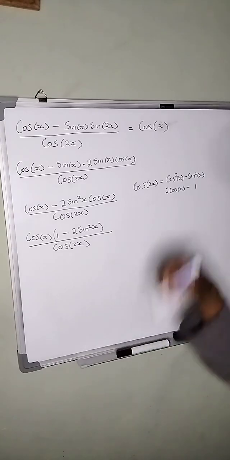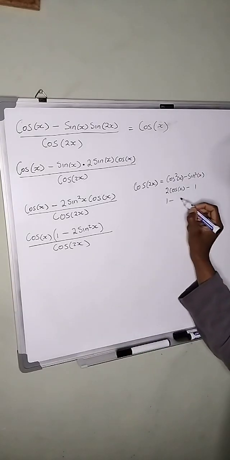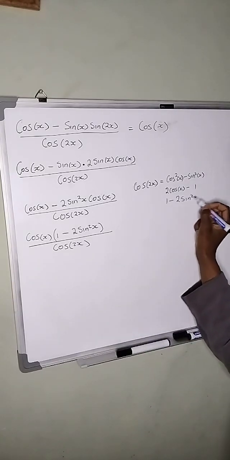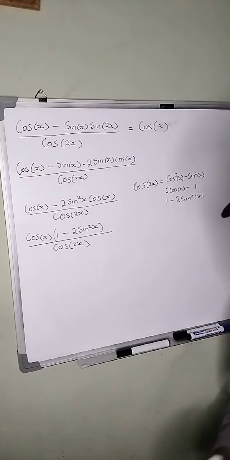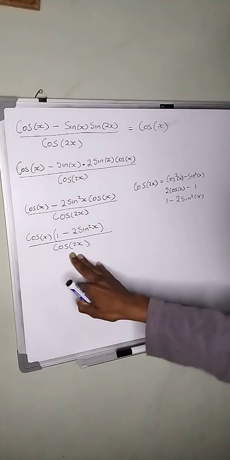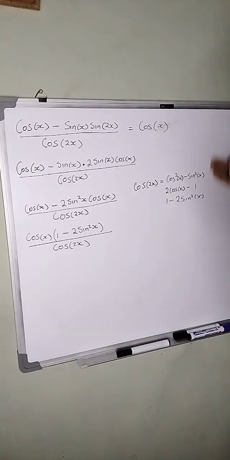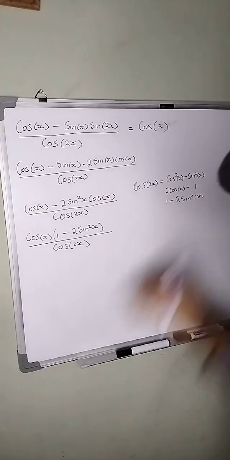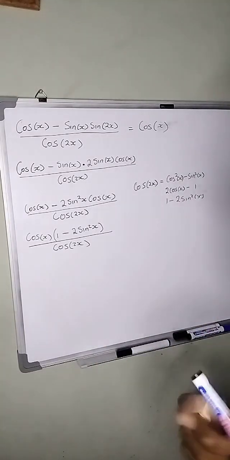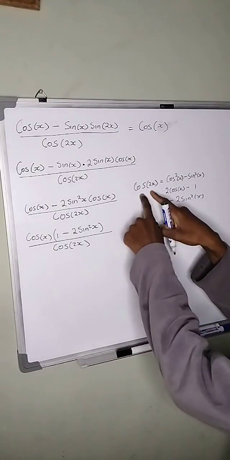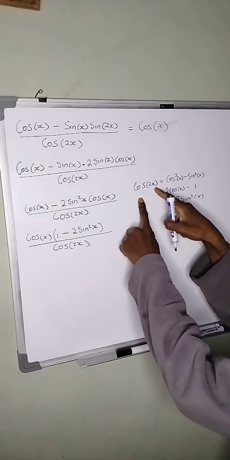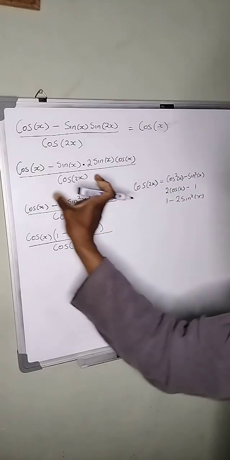The third formula is 1 minus 2 sine squared x. So do you see now? This one has 3 formulas.